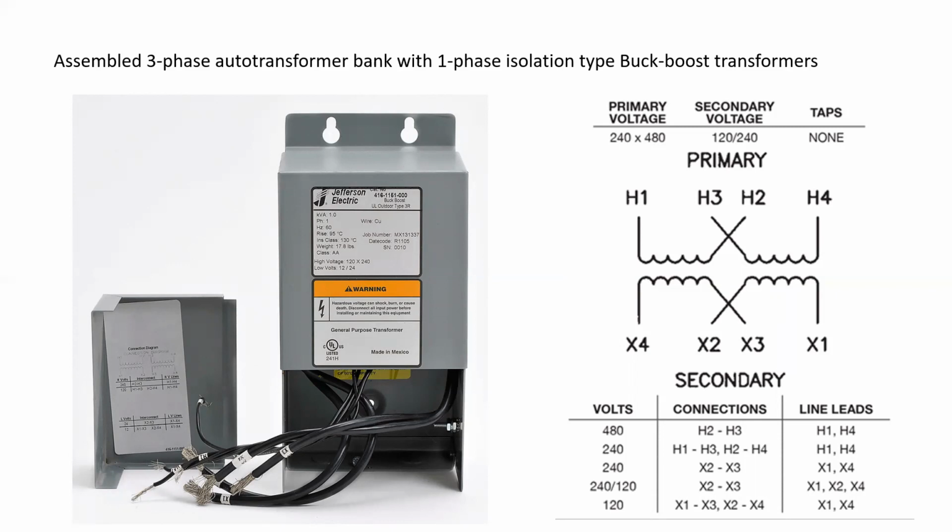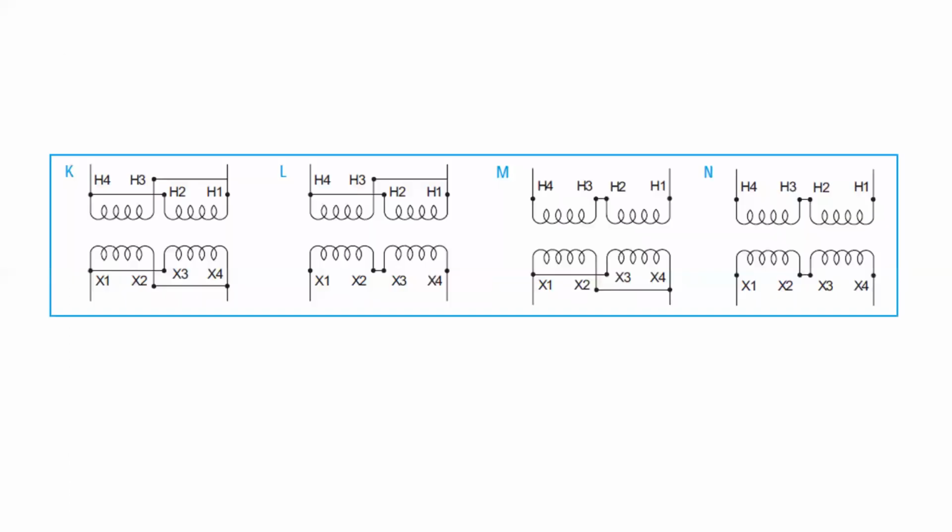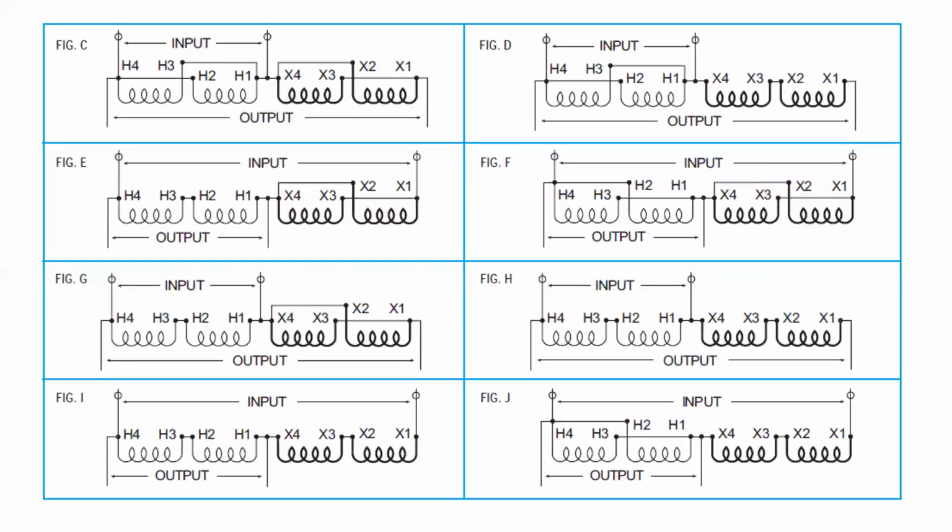So a buck boost multi-winding isolation type transformer is one that obviously has isolation between the primary and secondary, but is actually designed and intended to be connected not only in isolation, like we see here, where the primary could be in series or parallel, and the secondary could be in either series or parallel, but also in auto, meaning we have a myriad of different voltages available to us for both input and output.